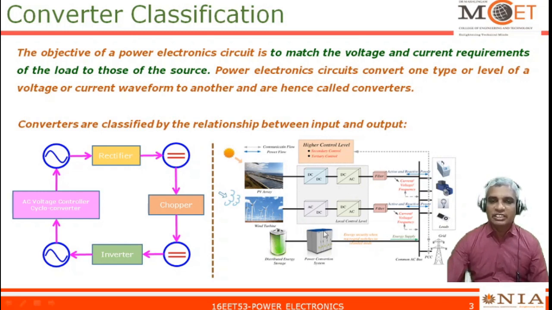Here I require some sort of a power electronic converting system to interface the source and the load so that this mismatch can be rectified easily. So this is what we call a converter system. So this type of converters are used not only in these applications. The power electronic converter has a widespread of applications in many areas.